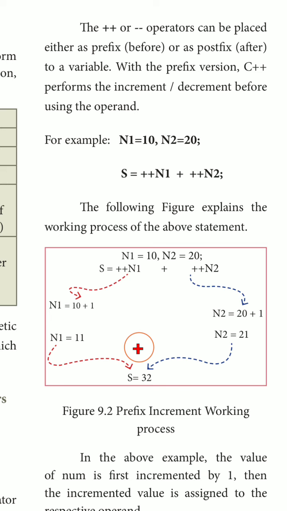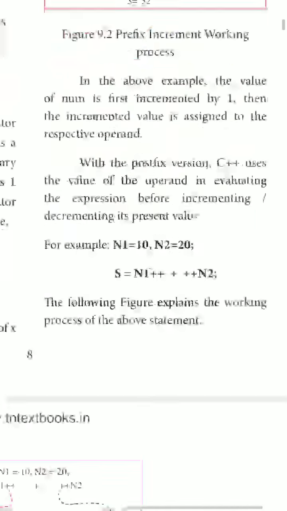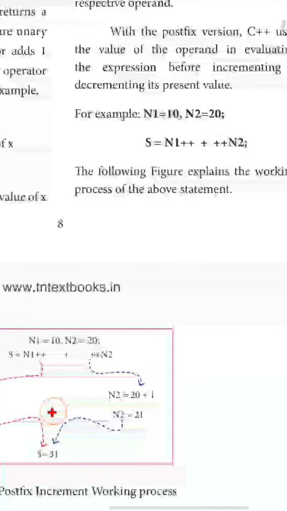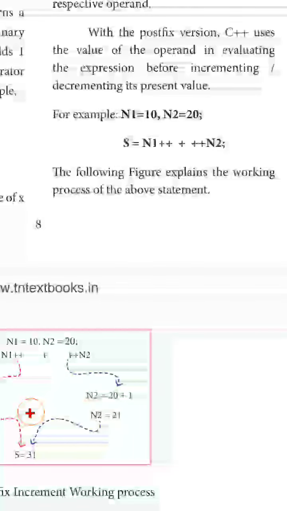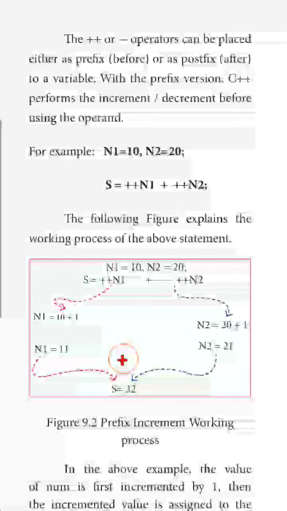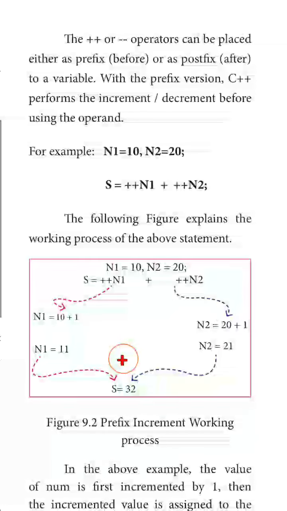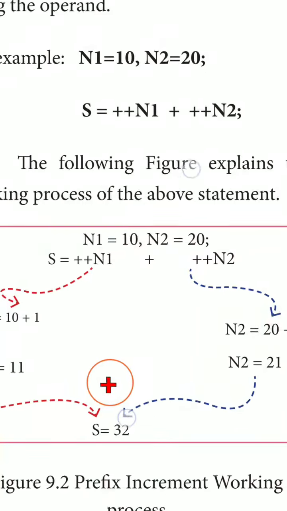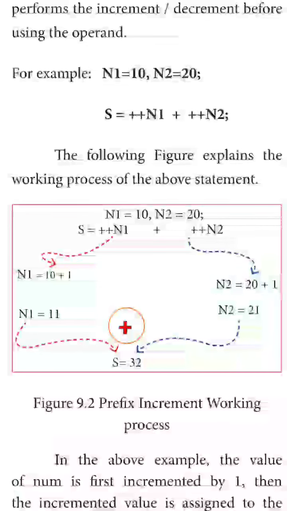For example, in the next example you can see n1 plus plus, and we'll see that. Here they are using two variables, n1 and n2, with the increment operator before the variable. Here you can see how the computer executes this kind of expression.